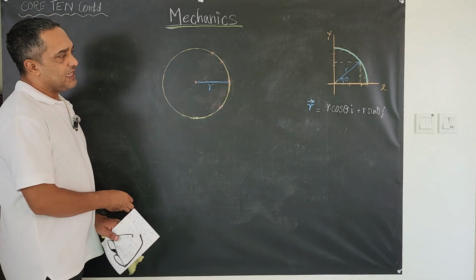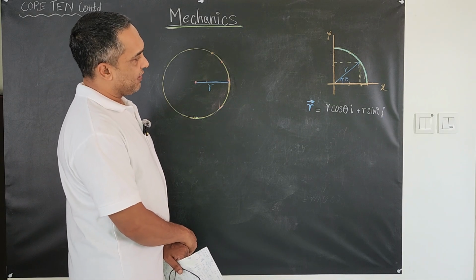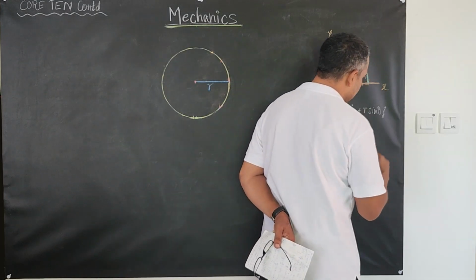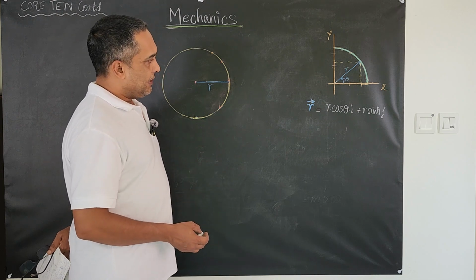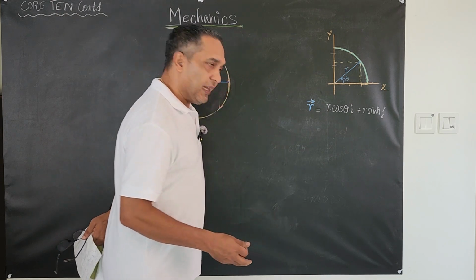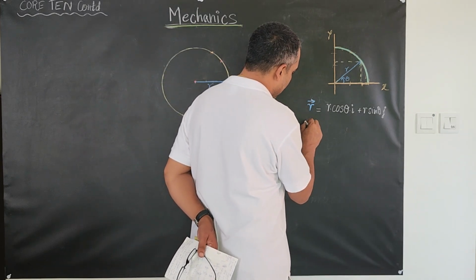We know that the first derivative of displacement is velocity. And if I did the first derivative of this, and I'm not going to get into the math. If you're an A-level student, you know the math. And if you don't know the math, just take it for what it's worth.